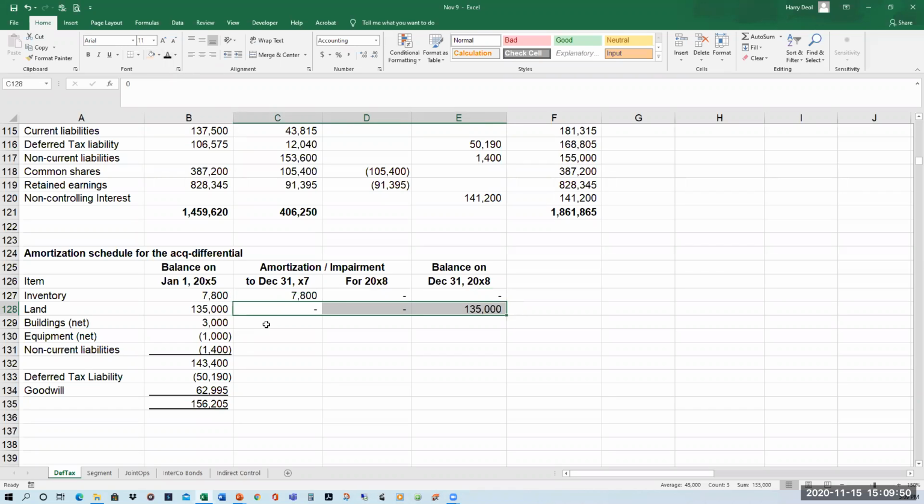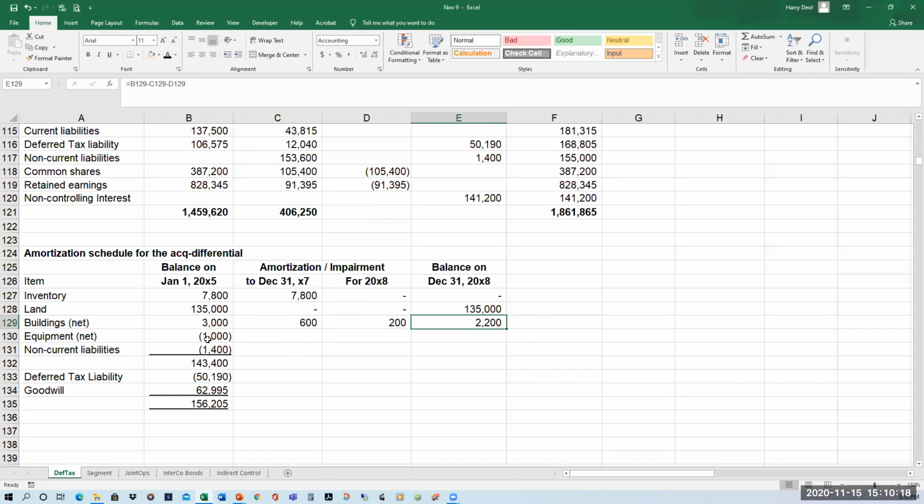The buildings had a useful life remaining of 15 years, so 3,000 divided by 15 works out to $200 each year. For the years 5, 6, and 7, that would mean amortization of $600. For the year 2008, another $200, leaving us with an unamortized balance, 3,000 minus the 600 plus 200, of $2,200.